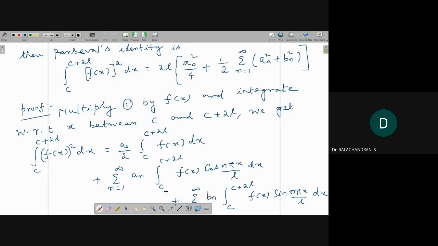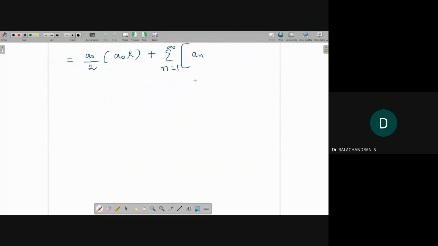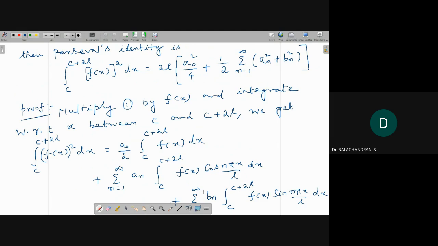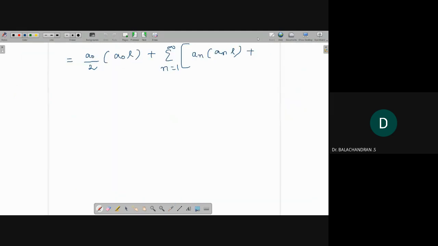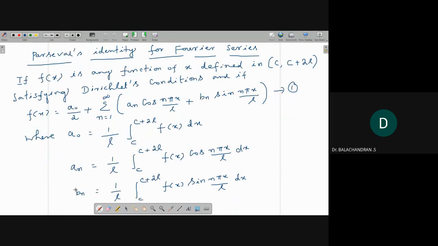What is the integration from c to c plus 2l of f of x into cos n pi x by l dx? An into L, correct, Sheila? An into L plus bn. Similarly, the integration of f of x into this function is bn into L, or L into bn.